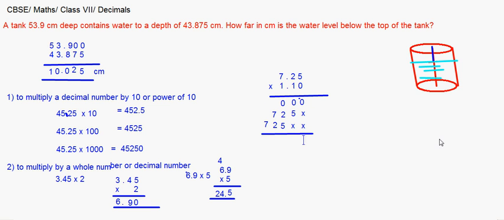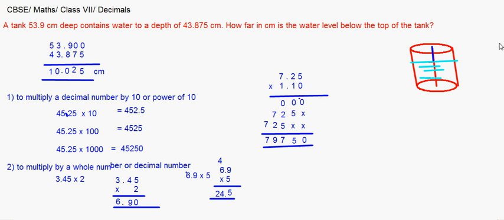Thereby giving us 0 here, then you have a 5, then you have a 7, then a 9, and then a 7. But now the question is, where will you put a decimal?